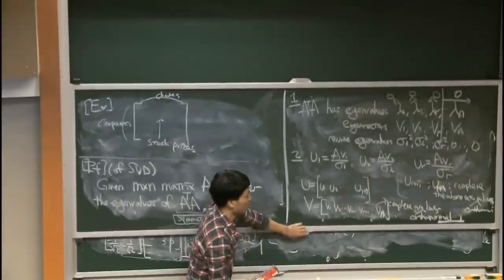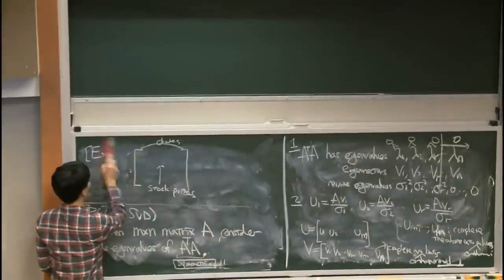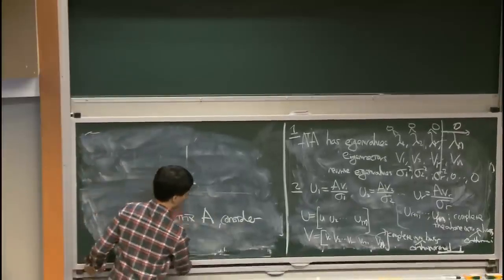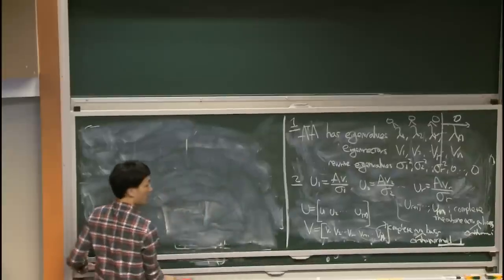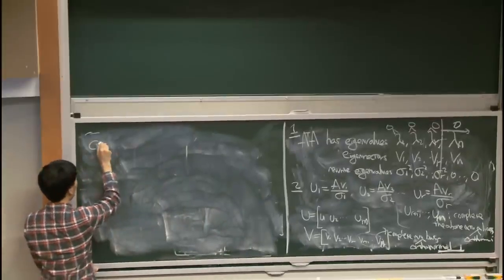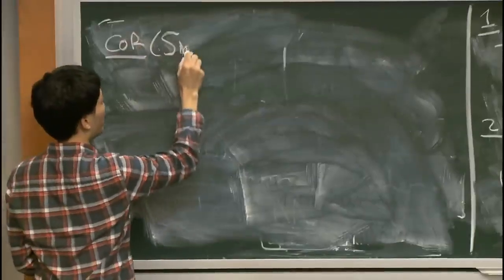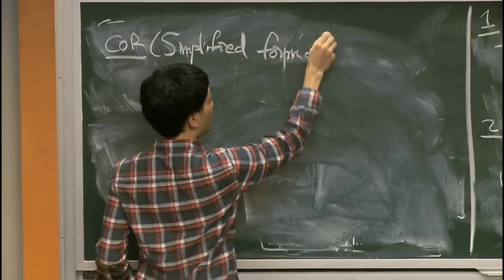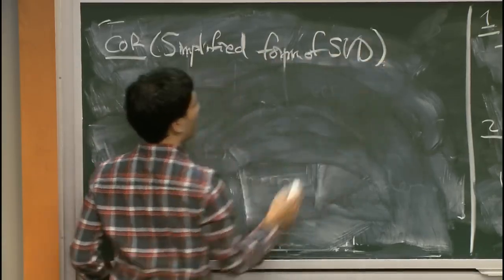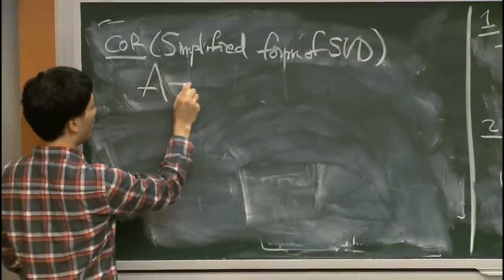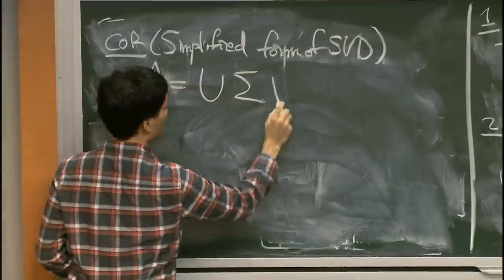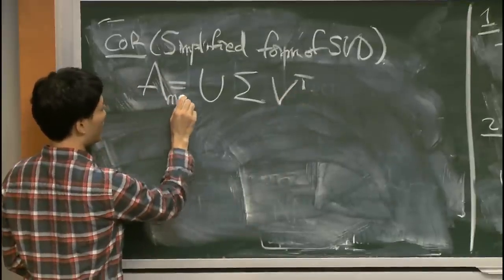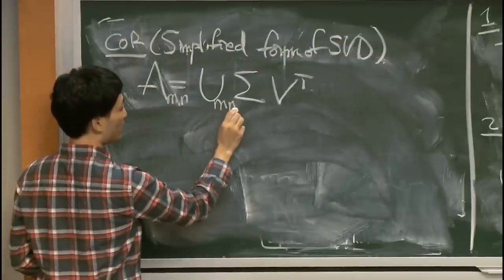So let me state a different form of singular value decomposition. So this works in general. As a corollary, we get a simplified form of SVD. A becomes equal to U times sigma times V transpose. And A was an m by n matrix. U is still an m by m matrix.